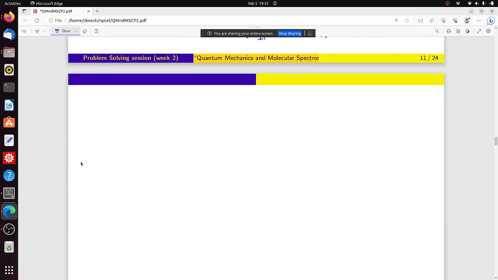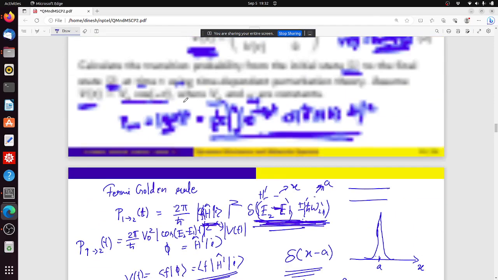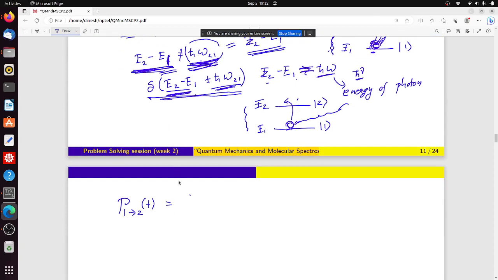Let me write it down here. P of 1 to 2 is just 2 pi over h cross V0 square cos omega.